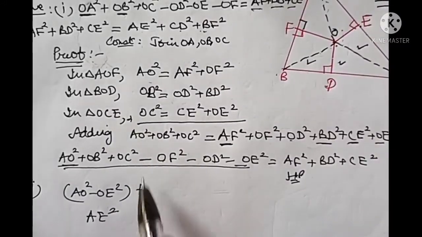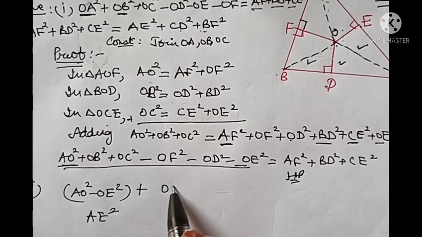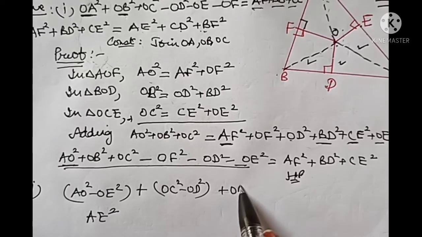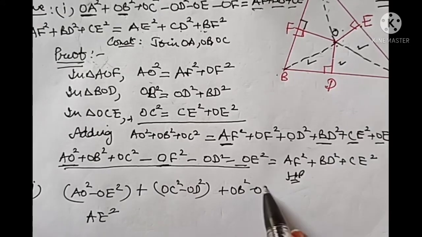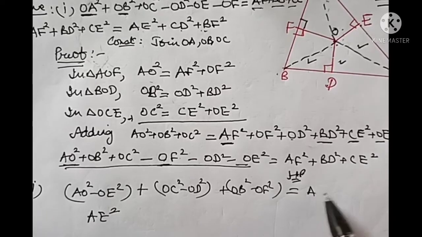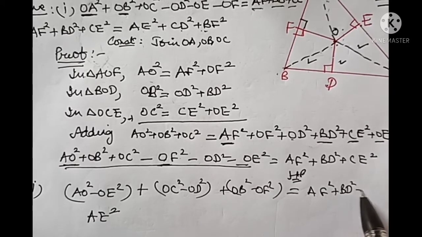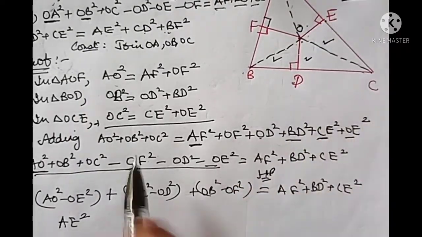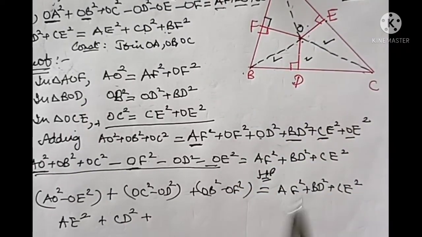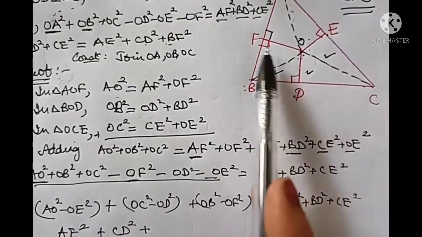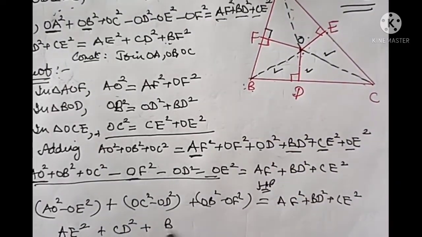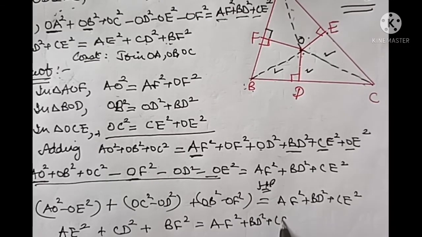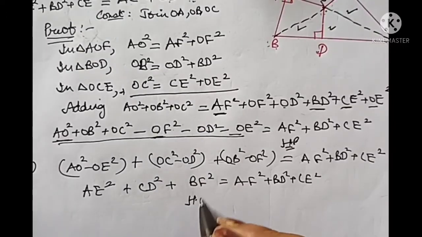So in the previous step, I am combining OC square minus OD square and I am combining OB square minus what I am left with, OF square. And this is equal to AF square plus BD square plus CE square, as it is I have copied. Now clearly OC square minus OD square becomes CD square. OB square minus OF square becomes BF square. And very easily I have got what I want to prove, right? So hence proved the second part as well.